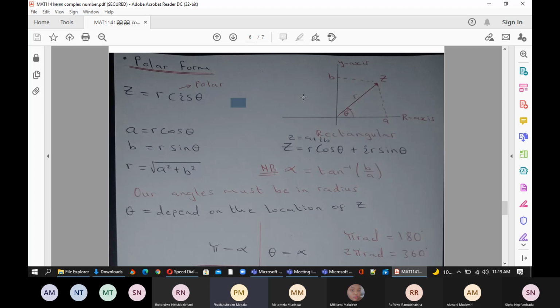Now, our x-axis is represented by A. As you can see, we have spoken that a real number is on the x-axis. And our y-axis here, which is the opposite, is represented by B. Are we together?